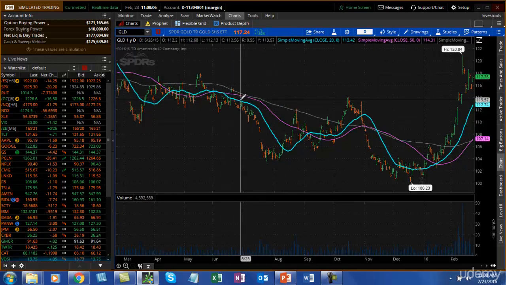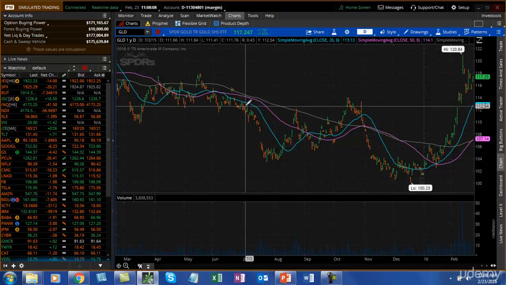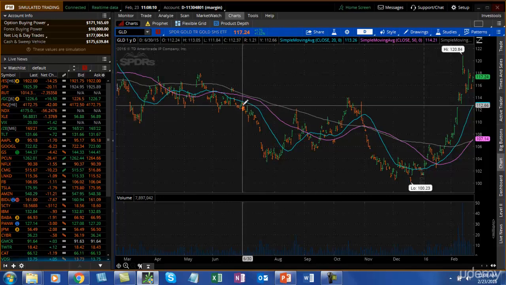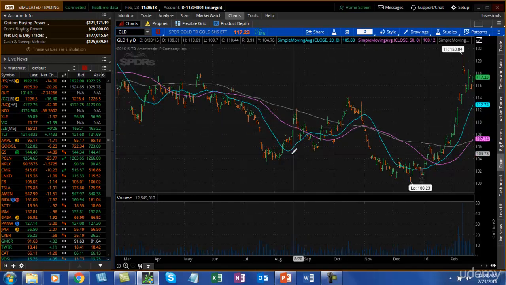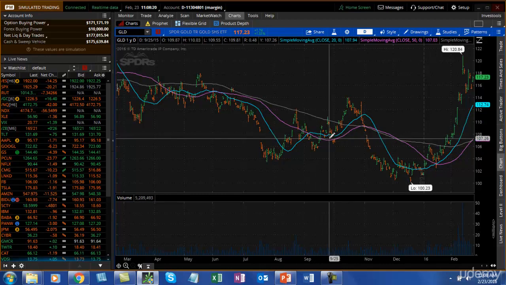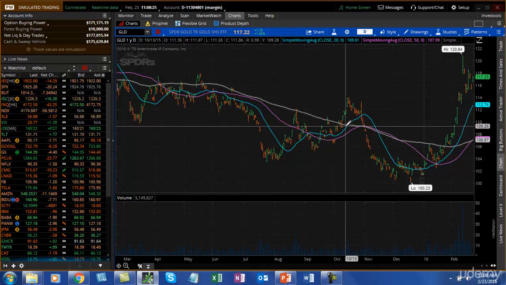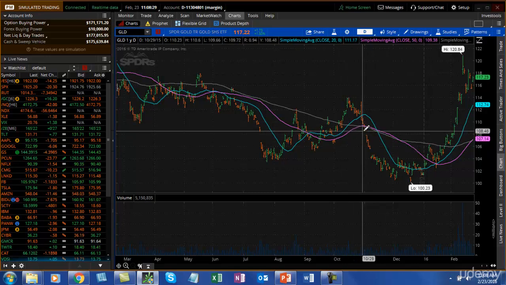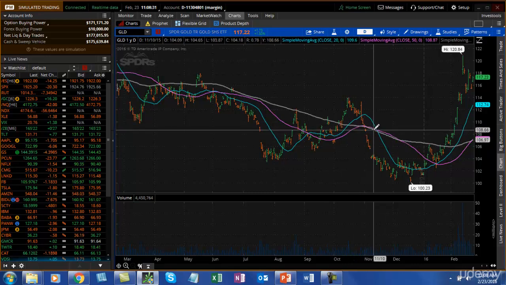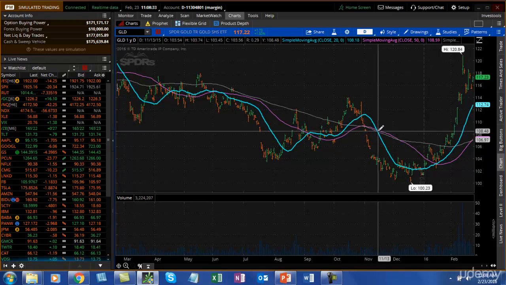And so somewhere here, you could have shorted gold, you could have sold gold, either shorted it or bought put options on GLD. And perhaps somewhere here you would have gotten out because here the 20 crosses above the 50. Here, if you're still holding the longer term positions, you can see that the 50 never convincingly crosses the 100. So the bearish tone is still there.